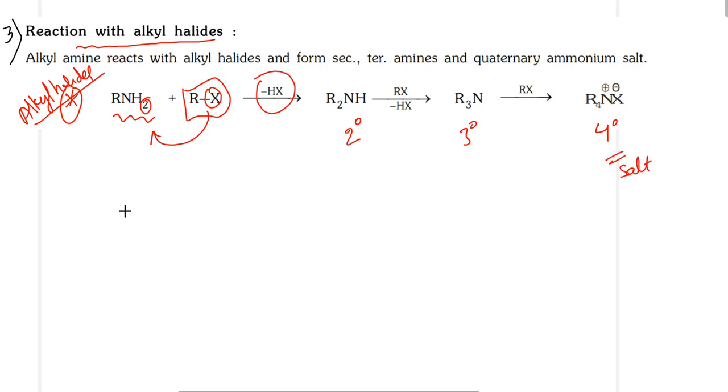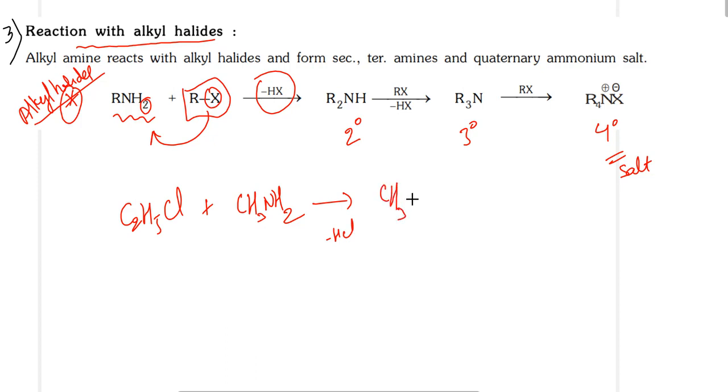Suppose I take ethyl chloride, C2H5Cl, and methyl amine; you can take anything. The chlorine and hydrogen are released as HCl.